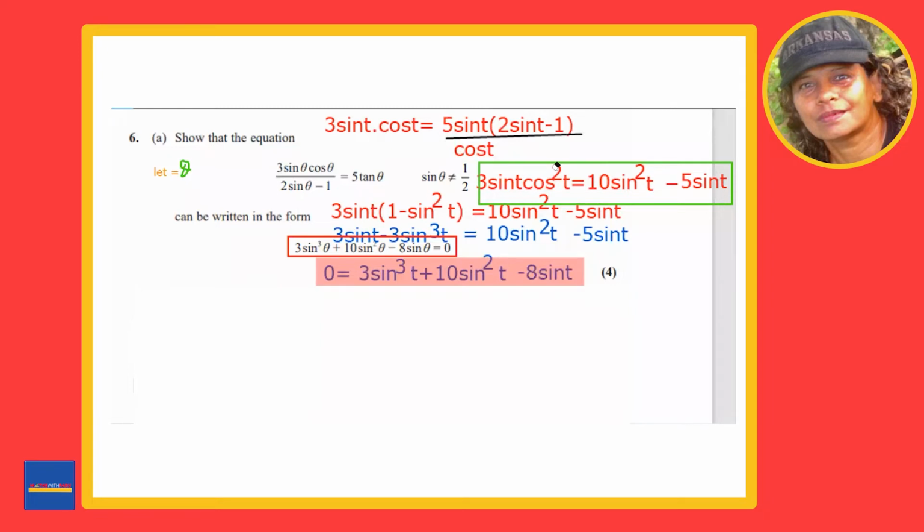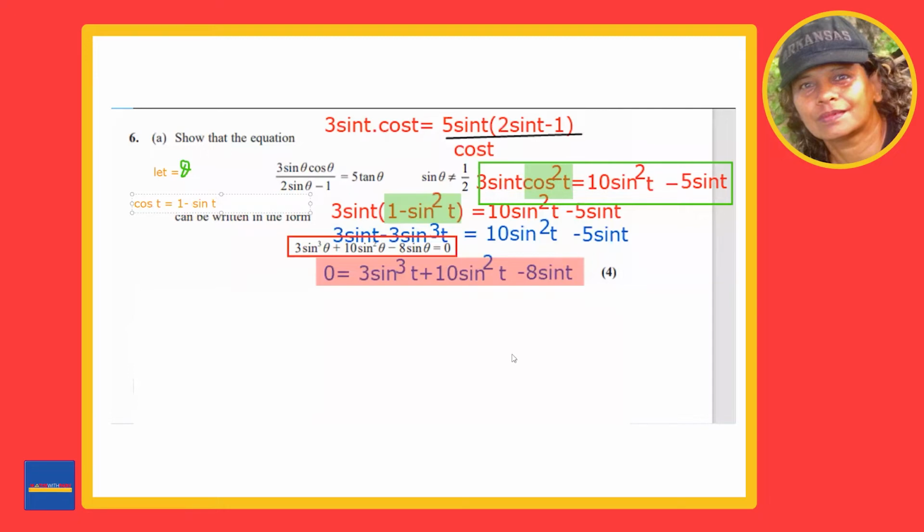Now what I'm going to do is replace this cosine squared t with 1 minus sine squared t. We all know from the identities that we have that cosine squared of anything is equal to 1 minus sine squared of anything.